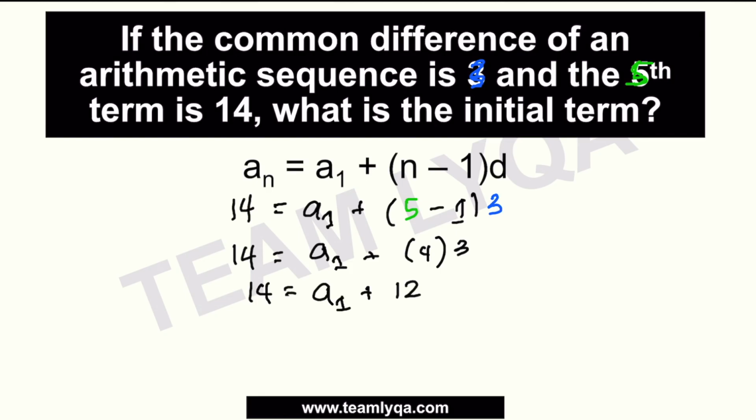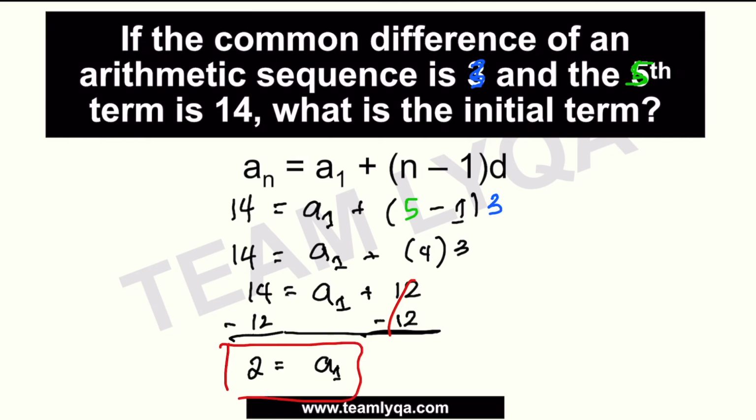Okay? Tapos kung gusto natin ilipat to sa side na yon, pwede natin parehong i-minus 12 itong both sides. Okay? So, this will be 14 minus 12 or 2 is equal to a sub 1. Okay? Maka-cancel ito kasi positive 12 plus negative 12 is 0. So, ang a sub 1 ay 2. The initial term is 2, and with a common difference of 3, the fifth term will be 14.